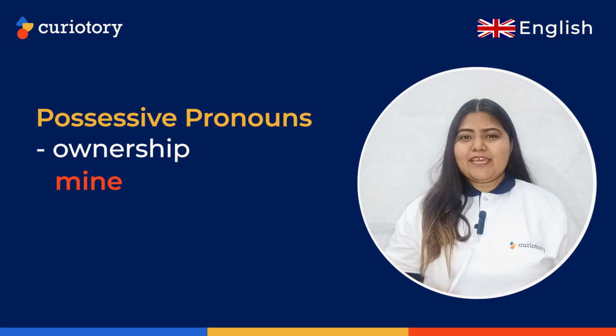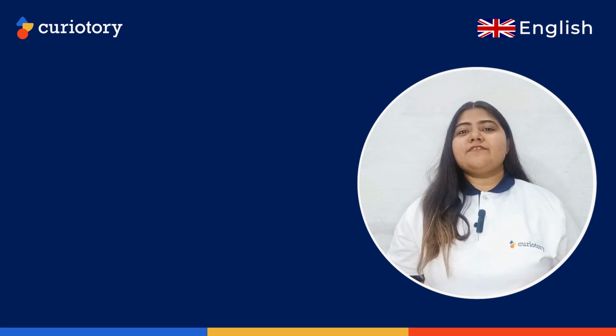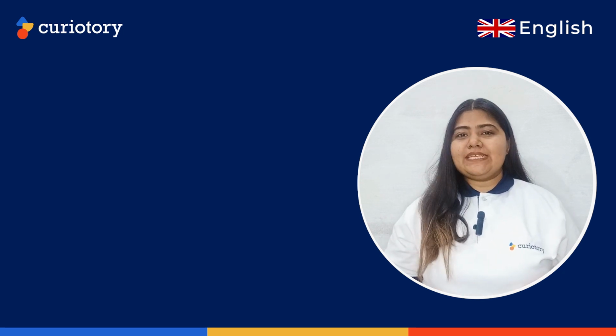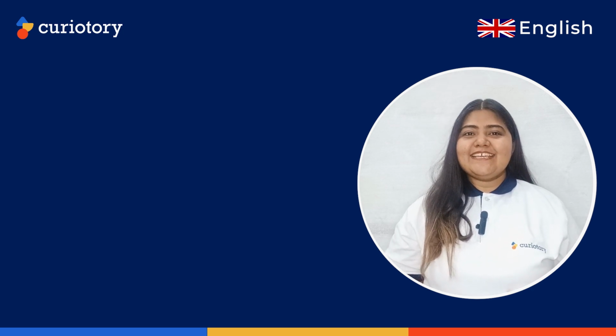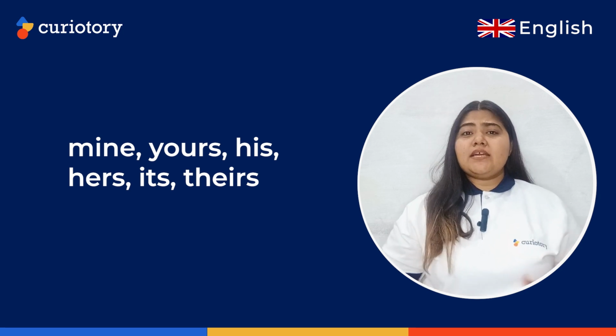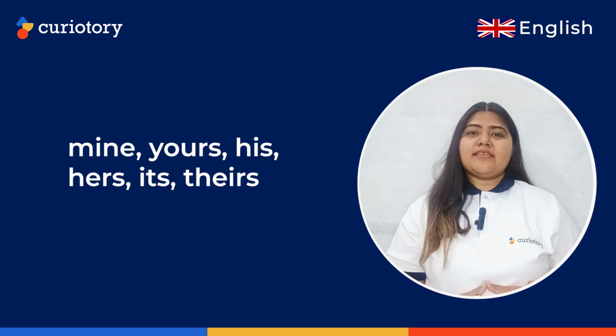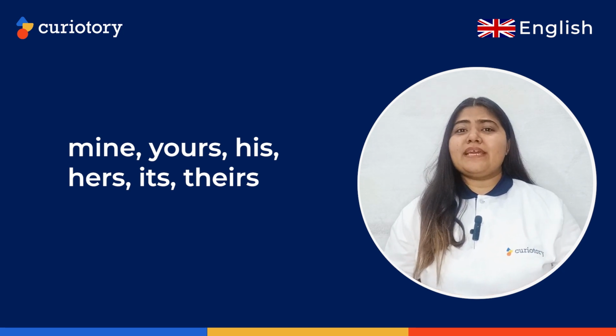Okay, I am taking ownership of this pen, so I said this pen is mine. But what if I say this pen is yours? Then are you taking the ownership of this pen? Yes, exactly. So then mine, yours, his, hers, its, theirs, everything that suggests some kind of ownership taken by someone.